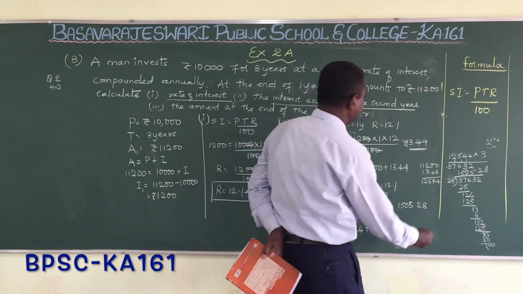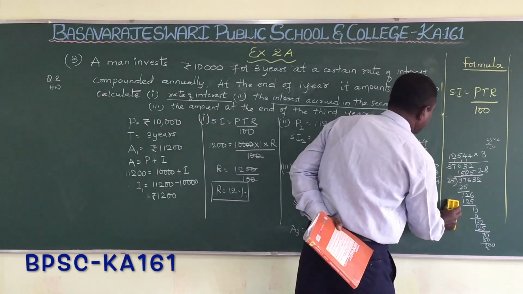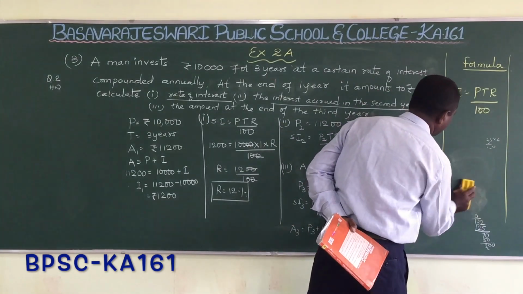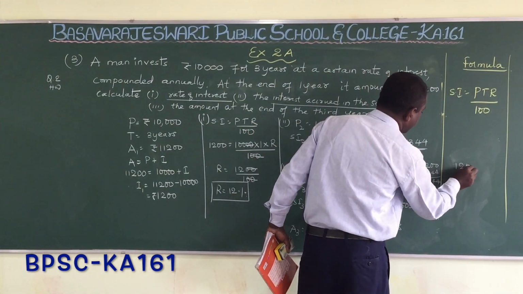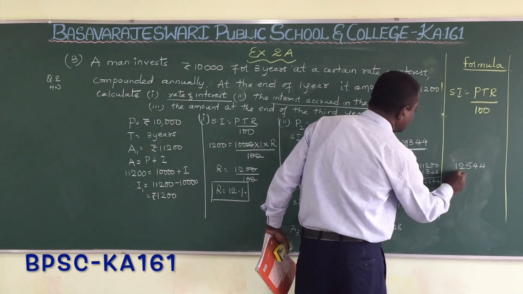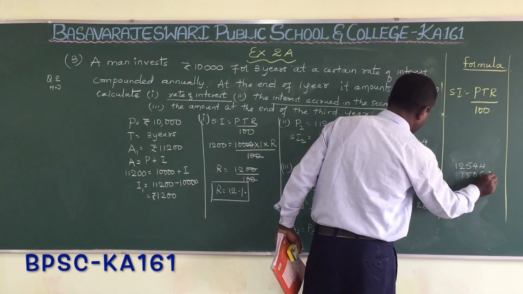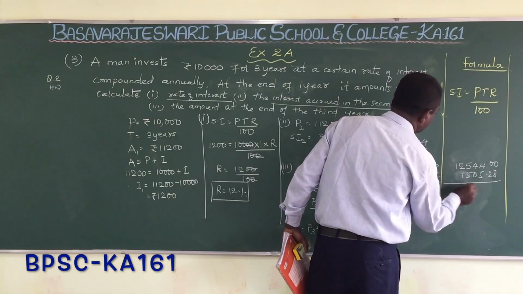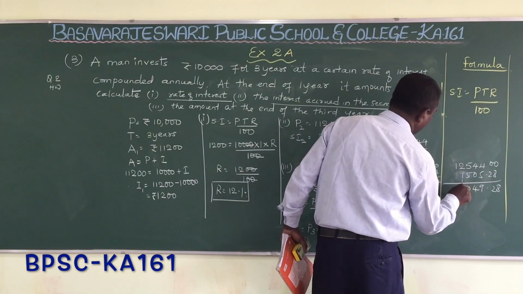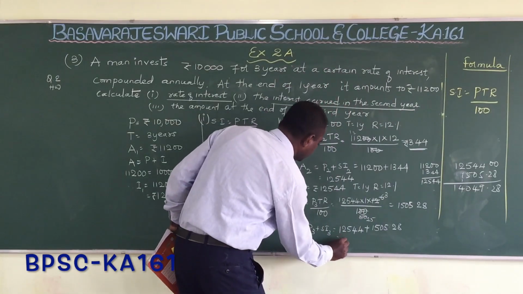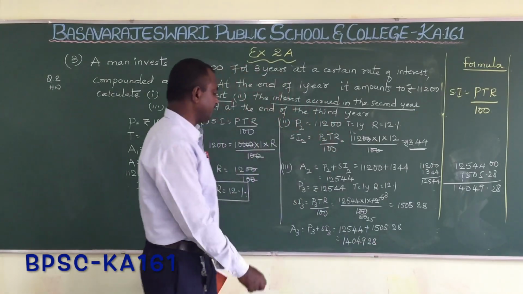You can add this: 12,544 plus 1,505 plus 28. The total is 14,049.28.